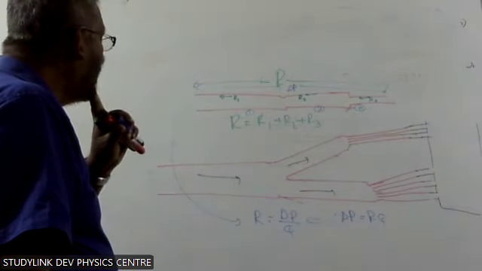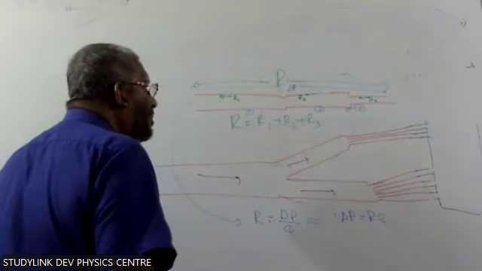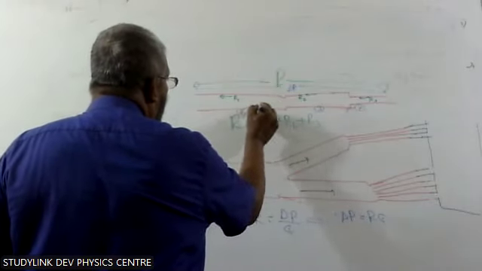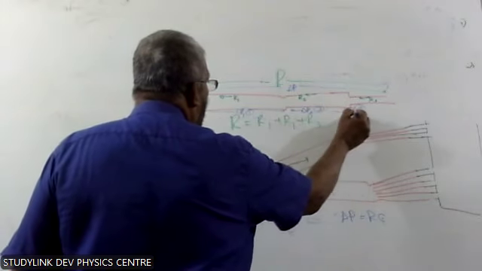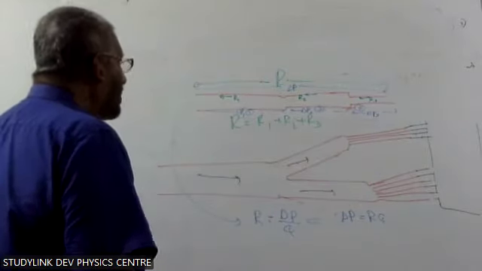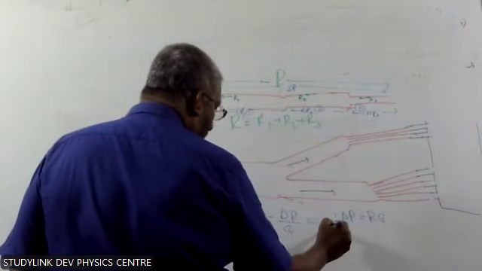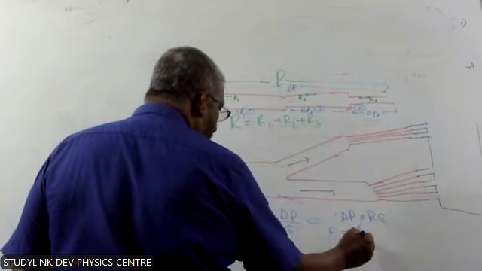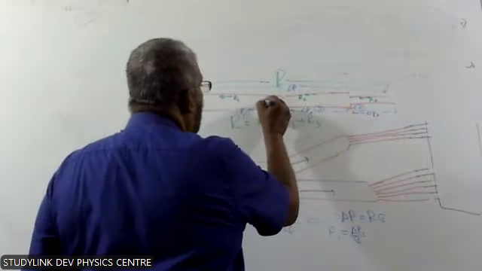Then we'll say this is delta P1, this is delta P2, this is delta P3. Then R1 is equal to delta P1 divided by Q. We know the rate through all is the same.